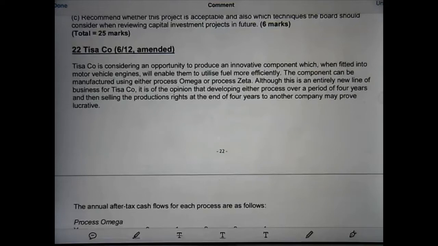Calculation. You see cost of capital, you must use the WACC formula, right? The beta formula is correct.